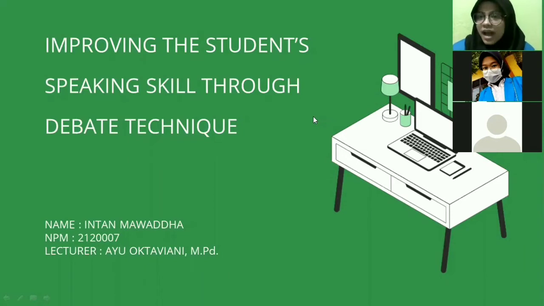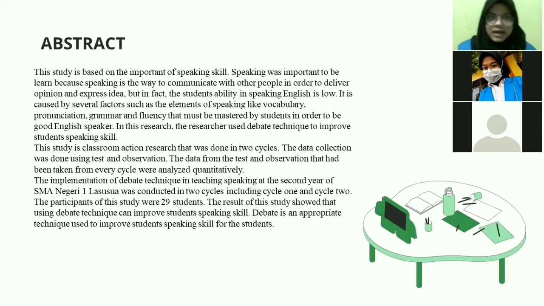Okay, today I want to present about improving the student's speaking skills through debate technique. Abstract. This study is based on the importance of speaking skill. Speaking is important to be learned because speaking is the way to communicate with other people, to deliver opinions and express ideas.